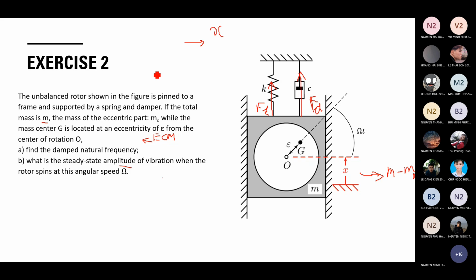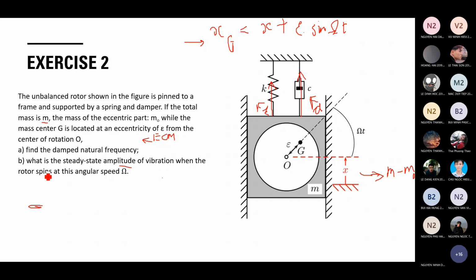What is xg? xg is h plus what? Plus epsilon multiplied by sine omega t, right? Okay?